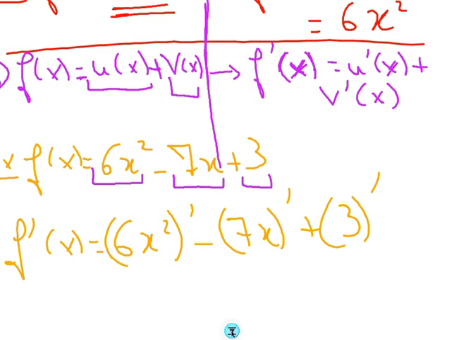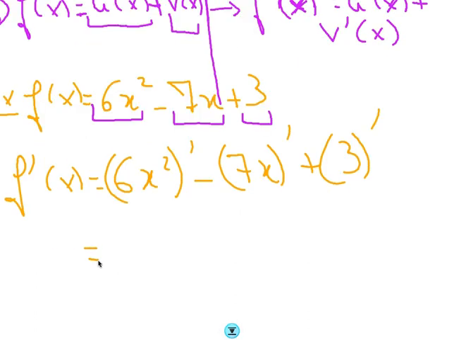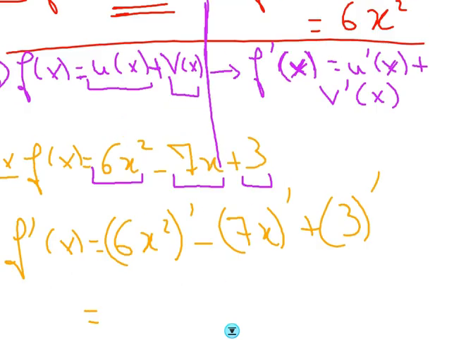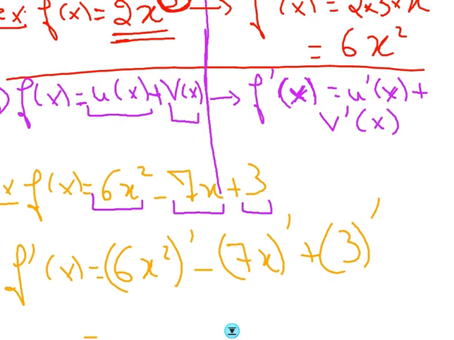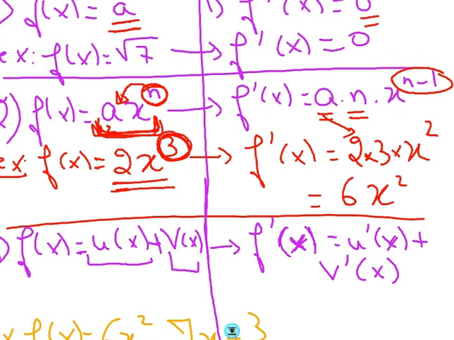Prime means derivative. So let's make the derivative of 6x squared. What is the derivative of 6x squared? Let's go back. It's of the form a x to the power n, right? So it's equal to a n times x to the power n minus 1.